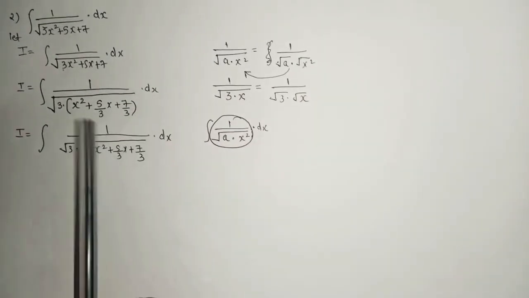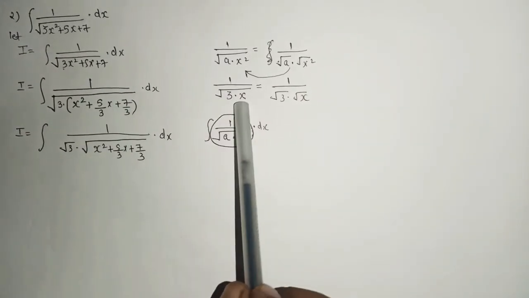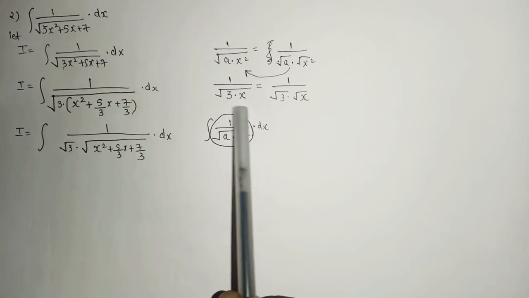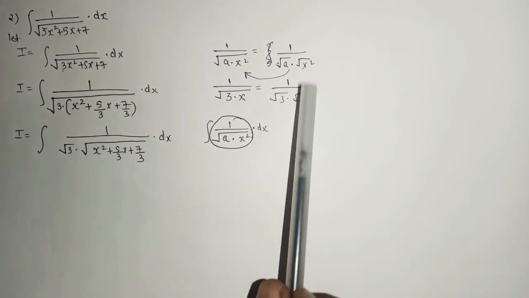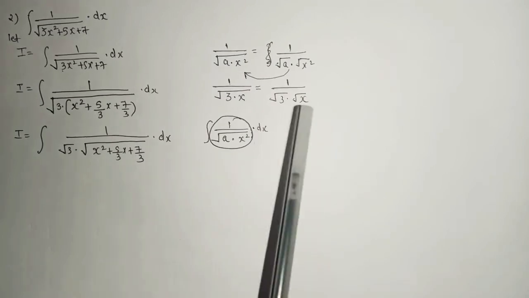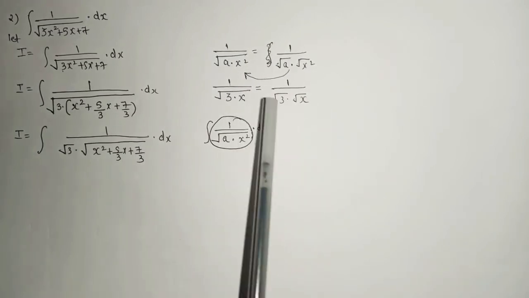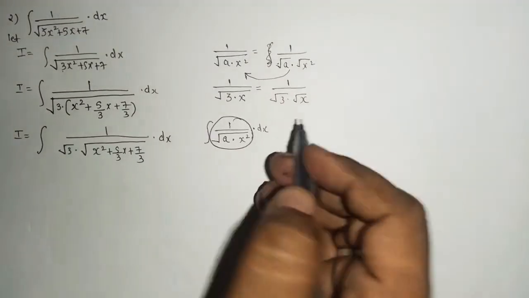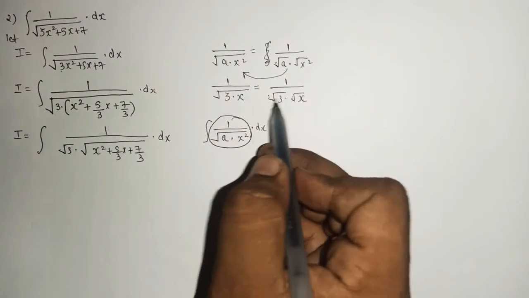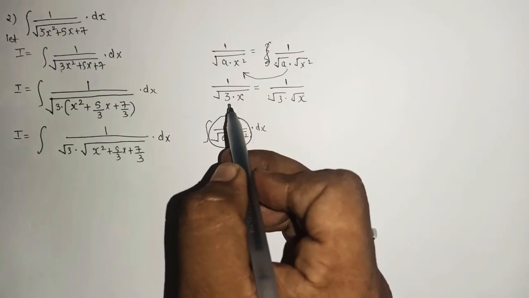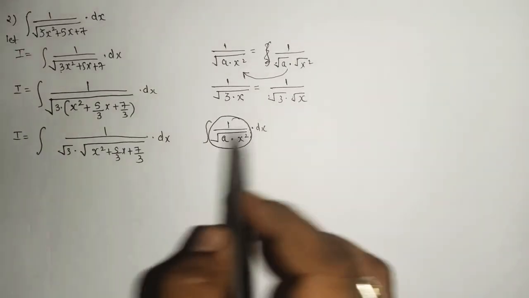What exactly I did, suppose here we have one number and alphabet and both are inside the root, so this step can be written as root 3 into root x. Yes or no? Yes, we can do this step like this because clearly we can see the order of both the terms is same. When the order is same, we can multiply and you will get the previous step. Yes or no? I hope you all understood this step.